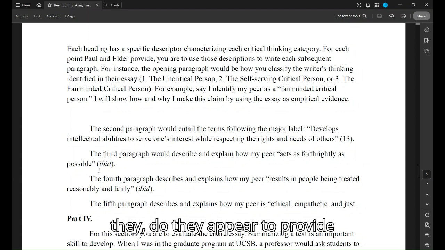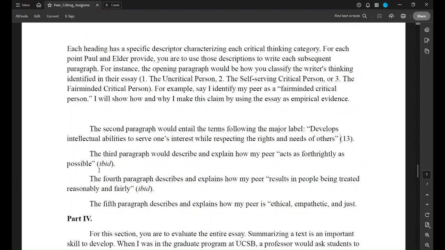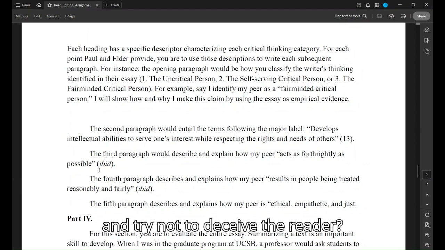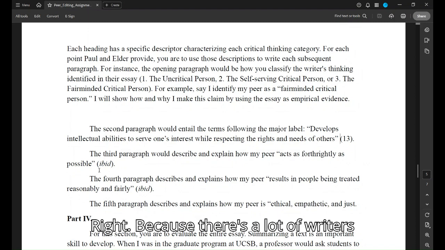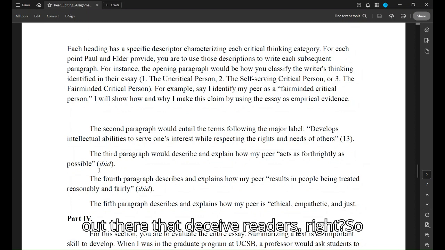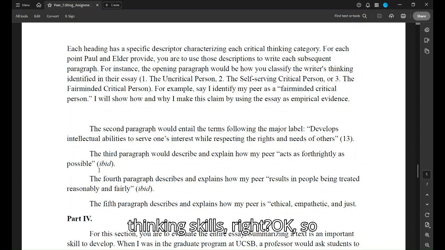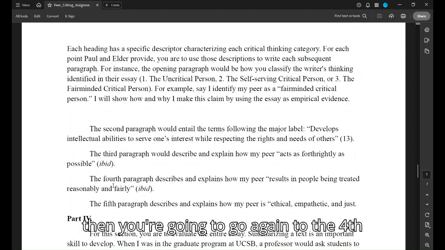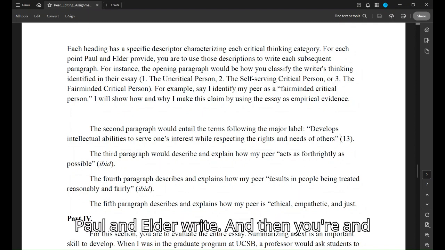Do they appear to provide ample evidence and ample explanation to be able to convey their points and try not to deceive the reader? Right, because there's a lot of writers out there that deceive readers, right? So this is a way of developing critical thinking skills. All right. Okay, so hopefully that makes sense. And then you're gonna go again to the fourth paragraph or the fourth point of what Paul and Elder write.